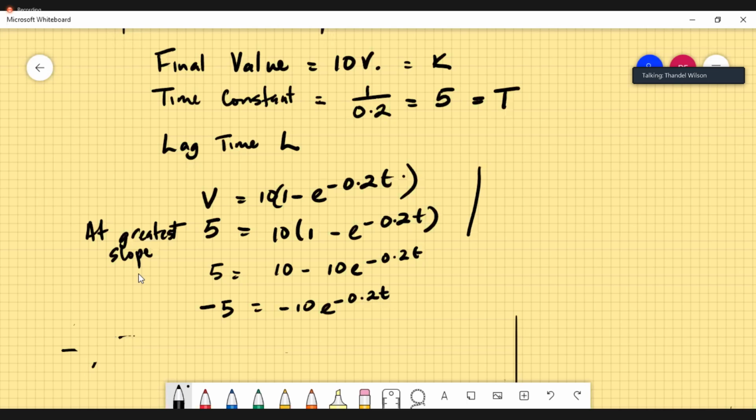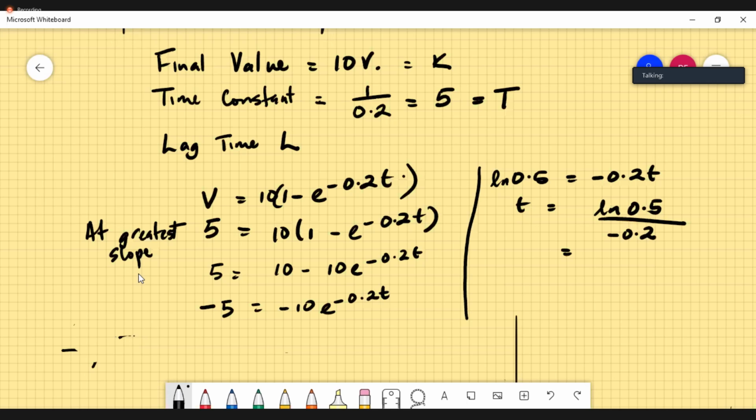That gives 0.5. ln 0.5 is equal to negative 0.2t. So t is ln 0.5 over negative 0.2.